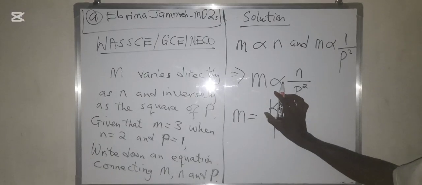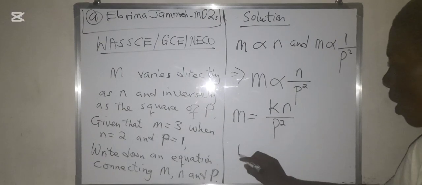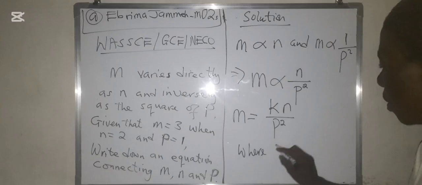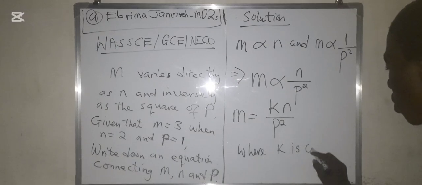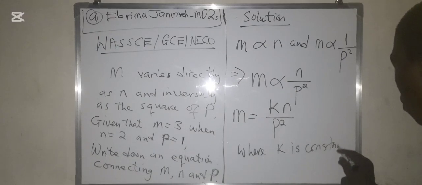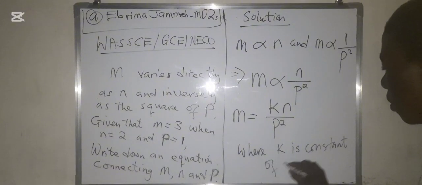We have now introduced the proportionality sign, where K is the constant of the proportionality.